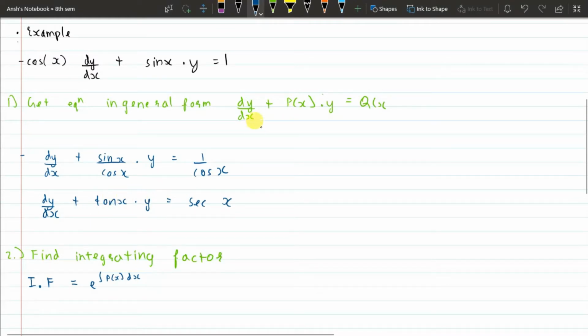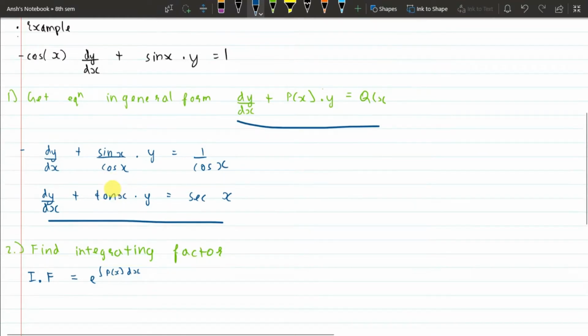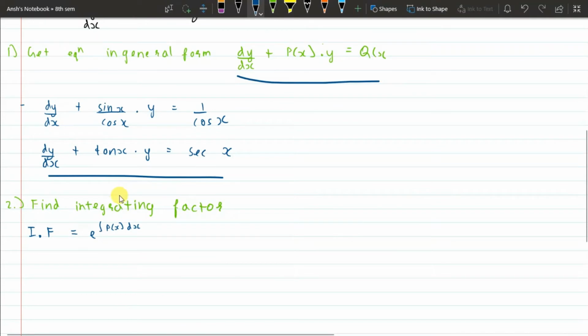So comparing these two equations, we can see that the coefficient of the y term, p of x, in our case is this term with y, which is tan of x. So let's just substitute p of x as tan of x. When we do that, we are left with e to the power integral of tan x dx.